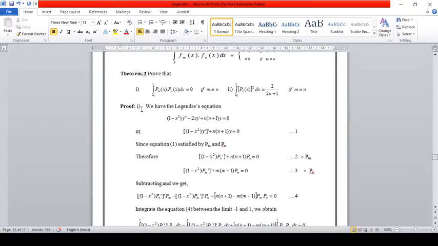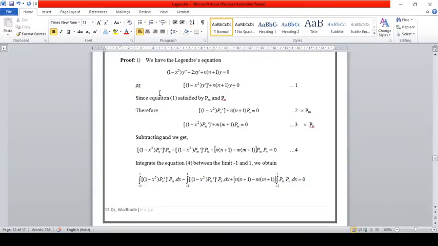So now, the first condition. We have the Legendre equation: (1 minus x^2) y'' minus 2x y' plus n(n+1) y is equal to 0, or d/dx[(1 minus x^2) y'] plus n(n+1) y is equal to 0. Equation number 1.